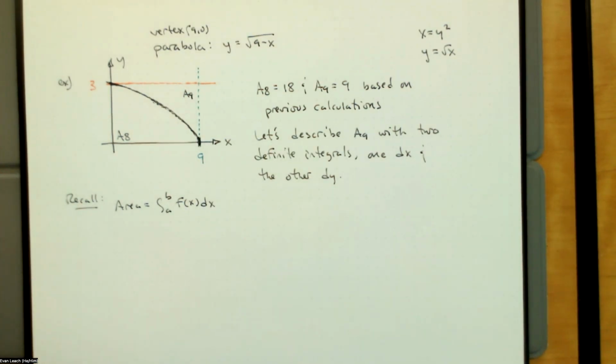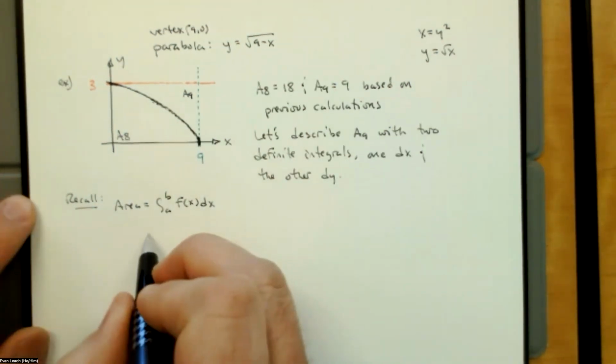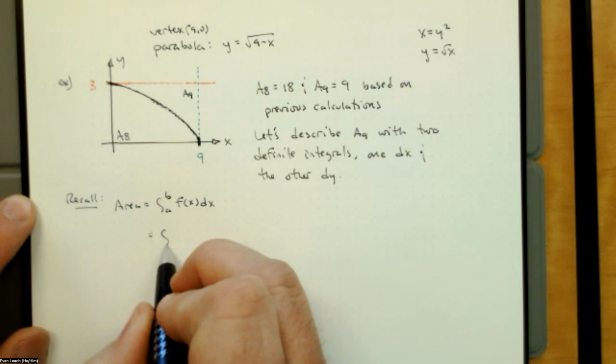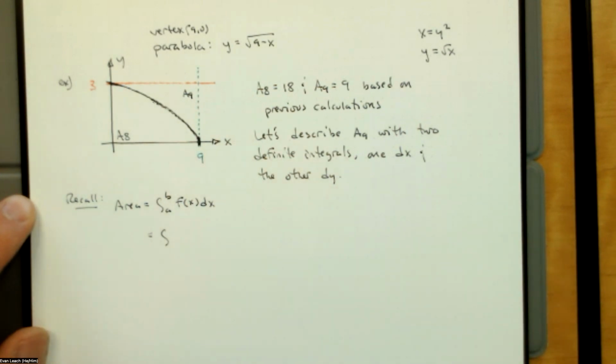This is how we set up the thinking before. Area under the curve f of x and above the x-axis is the integral from a to b of f of x dx. What this is based on is length times width. And we have this variable length.